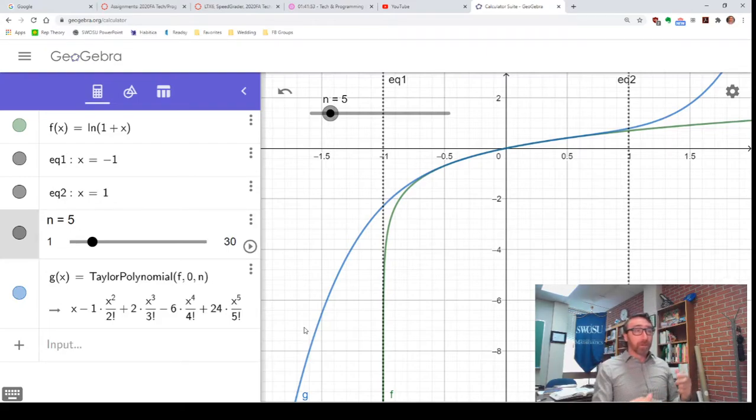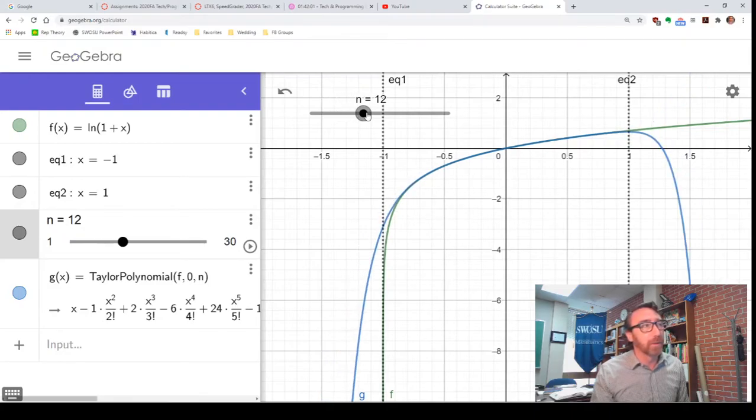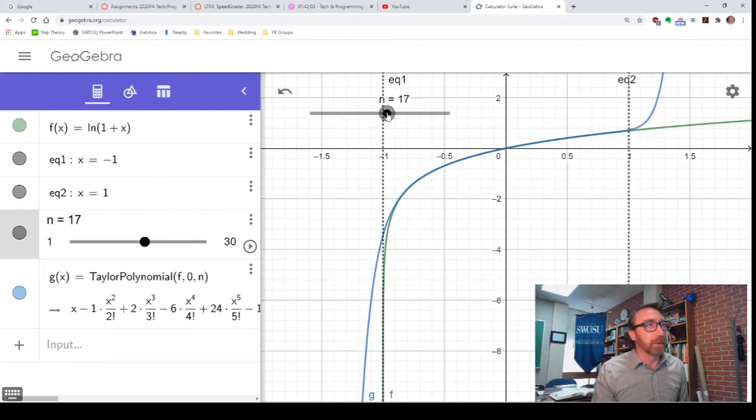Okay, so if we look here, we see the same business that we were seeing before. Notice after we pass x equals 1, this thing just shoots away and is nowhere near the curve y equals ln of 1 plus x anymore.